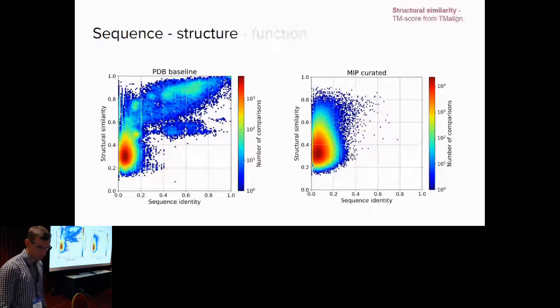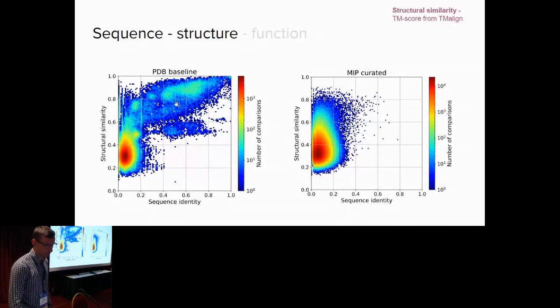The last important topic I would like to mention is sequence-structure-function relationships. If you randomly pick structures from the Protein Data Bank, you can get this kind of plot: sequence identity versus structural similarity. Above roughly 30% of sequence identity, you can get this kind of correlation.